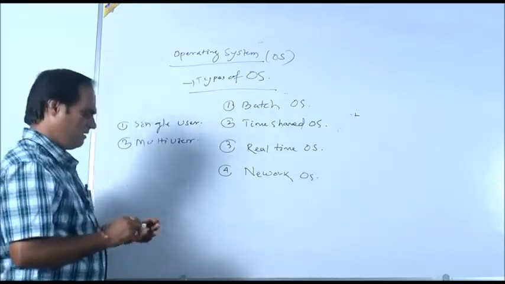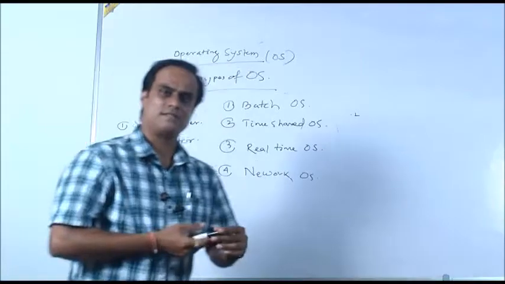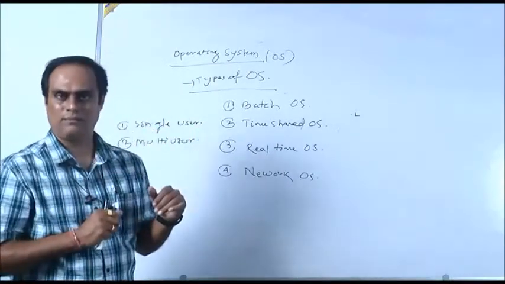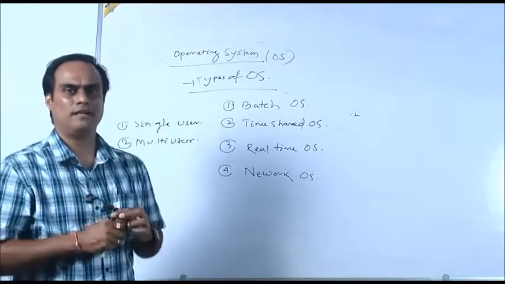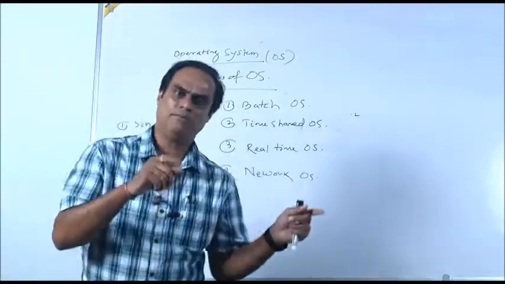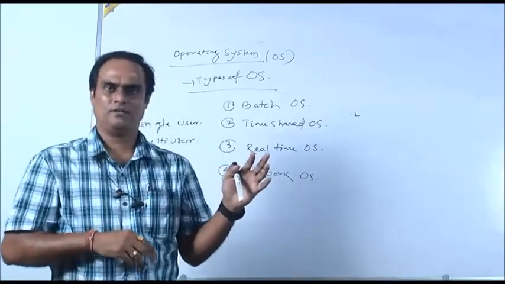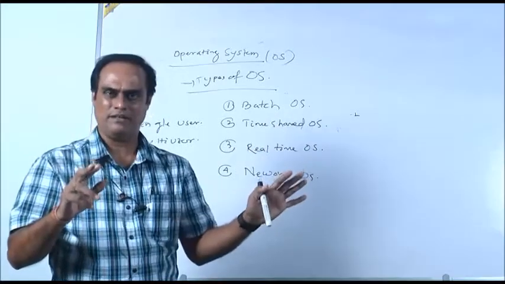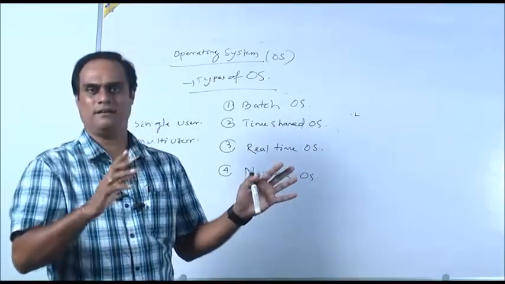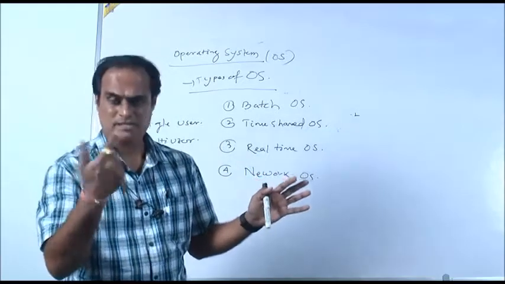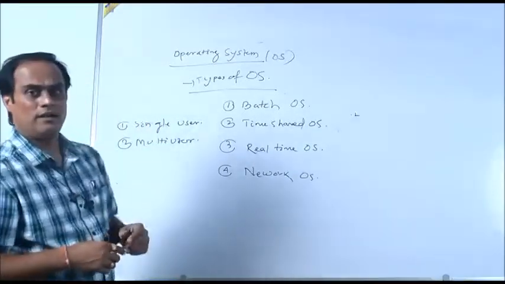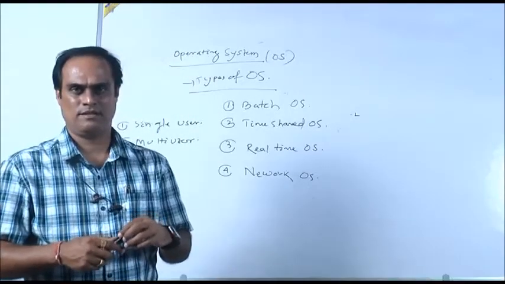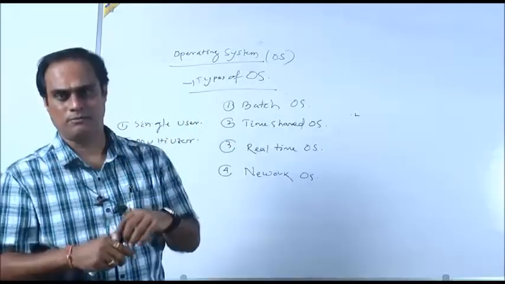So, single user operating system means the platform is always standalone, that means only one user can use it. Suppose there is one mouse and one keyboard. Simultaneously two people can't use the keyboard in parallel, the keyboard can't be shared, the mouse can't be shared, yes or no. That is why in the beginning only single user operating systems were developed, that means only one user can use the computing system.